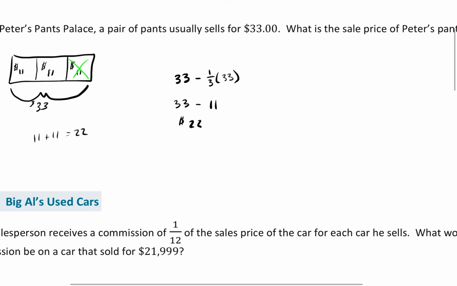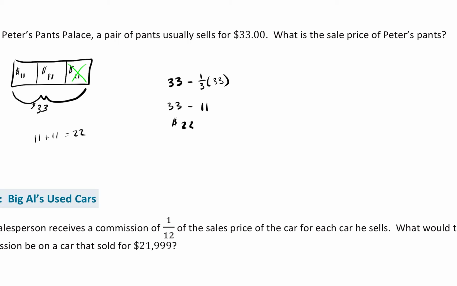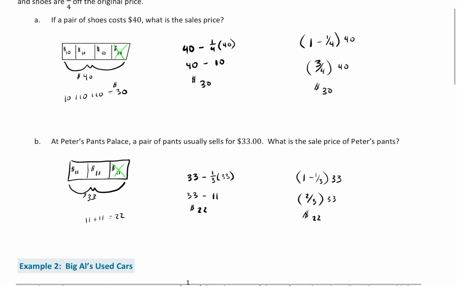For the final method, we take our whole price and take away 1/3 to find out how much is left after the discount, and we multiply that by the original price. So 1 minus 1/3 is 2/3, and we multiply that by 33, and we end up with the same $22. Those are the three methods that we can use to approach one of these types of problems.